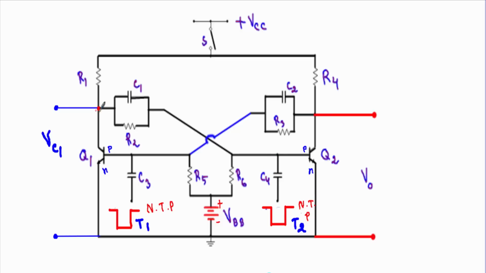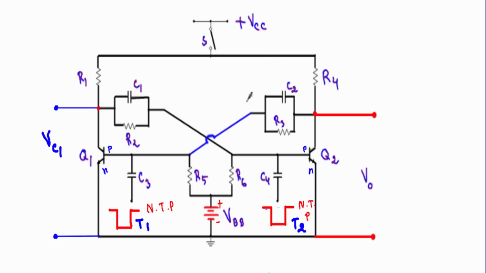The collector of transistor Q1 is connected with the base of transistor Q2 through a parallel RC network, and the collector of transistor Q2 is connected with the base of transistor Q1 through a parallel RC network. The capacitors C1 and C2 are used to improve the switching characteristics, and they will bypass the high frequency components of our square waveform. Therefore, on the output side we will get a distortionless output voltage.